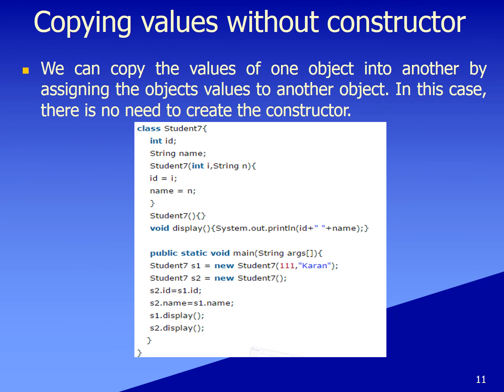Copying values without a constructor: we can copy the value of one object to another object by assigning the object values. In this case, there is no need to create a constructor.